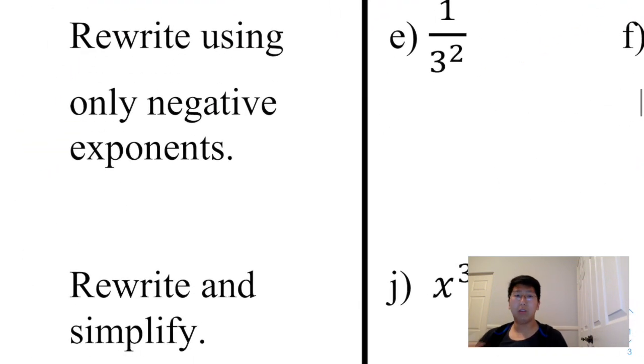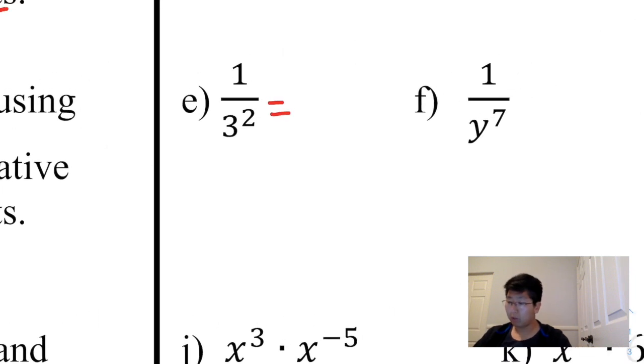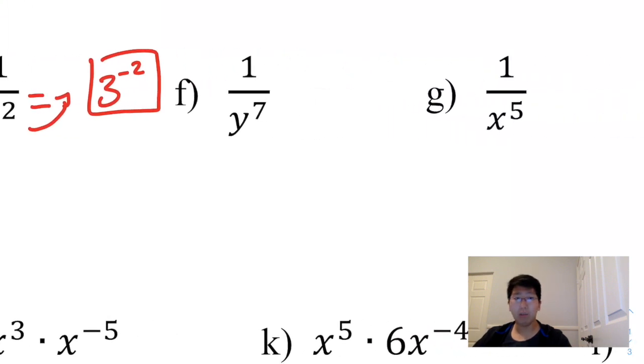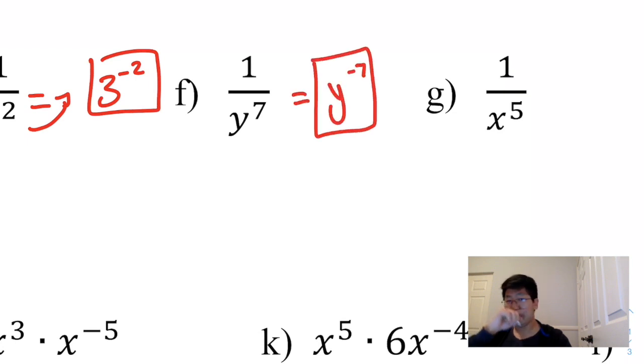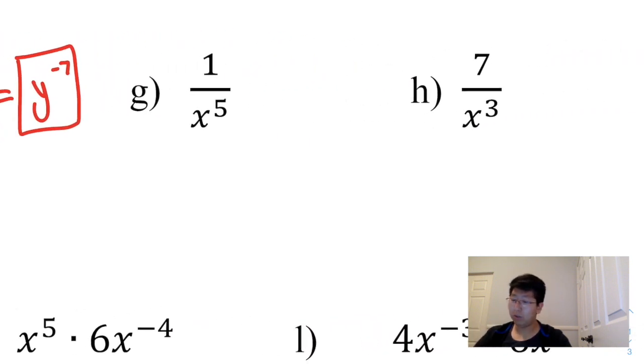What if we have positive exponents and we want to rewrite it using only negative exponents? Okay, so these we're going to rewrite having negative exponents. They're going to come up to the top, but become a negative, so it's going to become 3 to the negative 2nd power. So it's going to flip. Here we have y to the 7th power, but 1 over y to the 7th power. And this is going to be y to the negative 7th. Okay. So that fraction becomes what it was originally. This originally was x to the negative 5th.